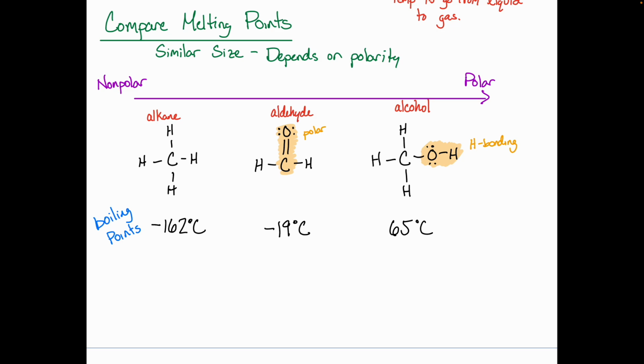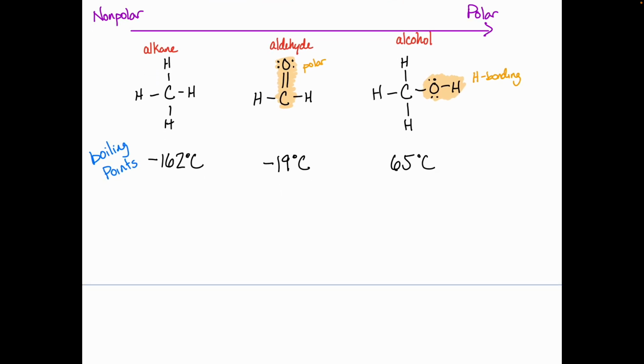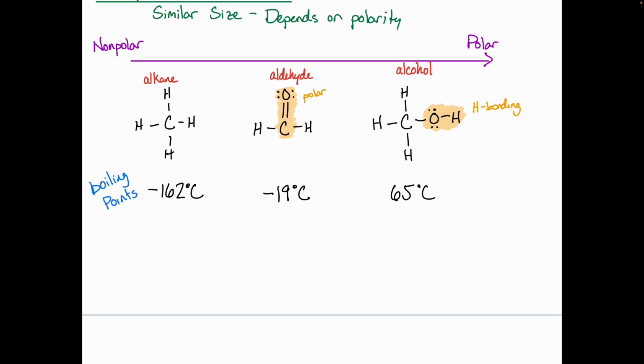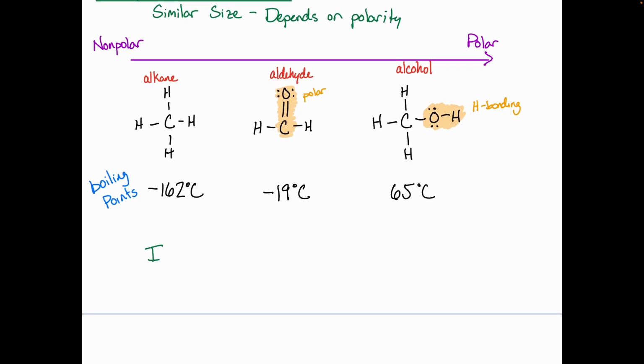We will also see within just talking about alkanes, if we're going to compare boiling points, when we see an increase in the size of our alkane, we also increase its boiling point.